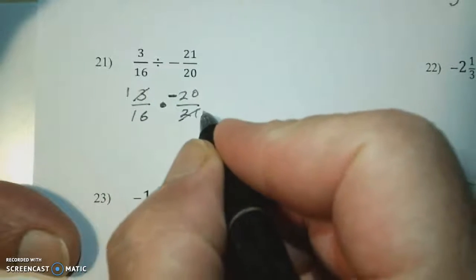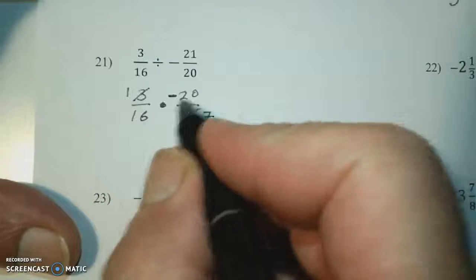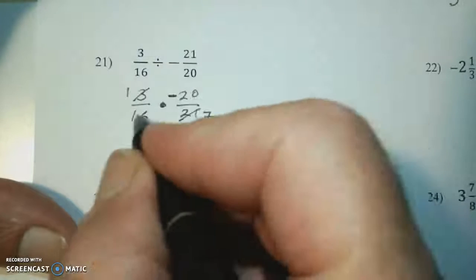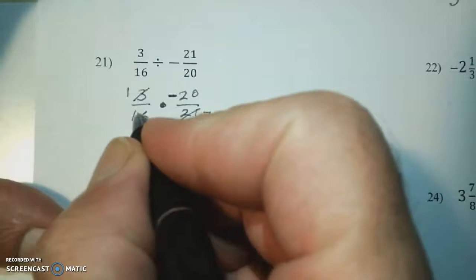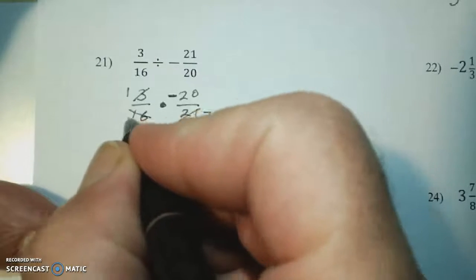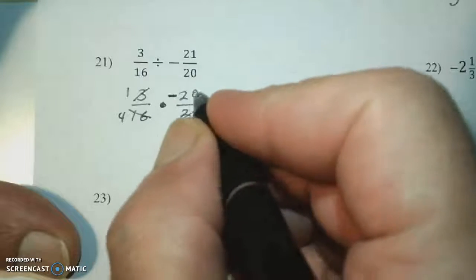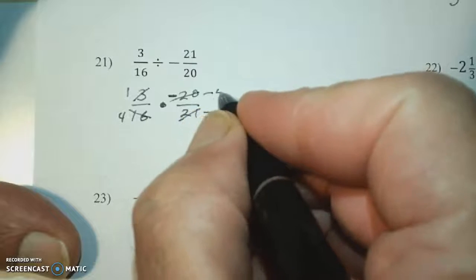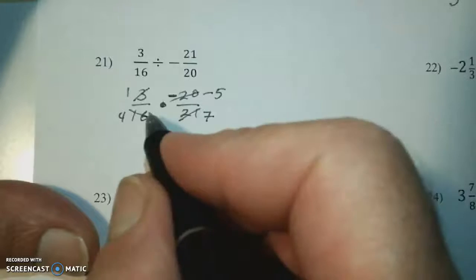The 21 becomes a 7. 16 and 20 could both be divided by 2, but they also could both be divided by 4. I'm going to go ahead and just divide them both by 4. So 16 divided by 4 becomes a 4, and negative 20 divided by 4 becomes a negative 5. That's all you can do as far as reducing.